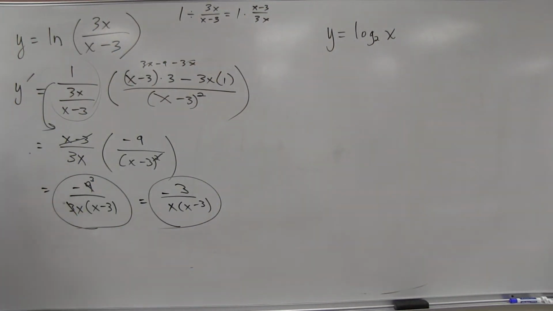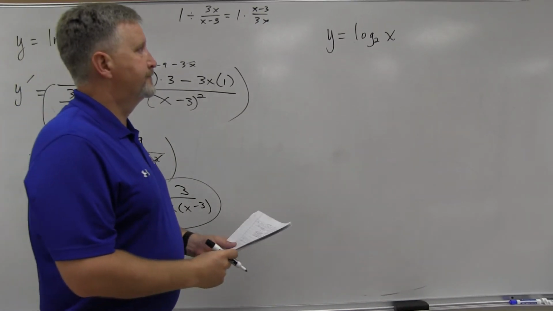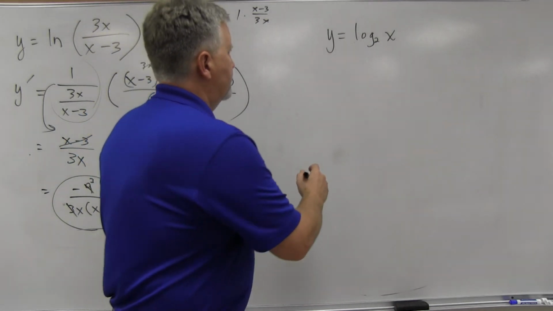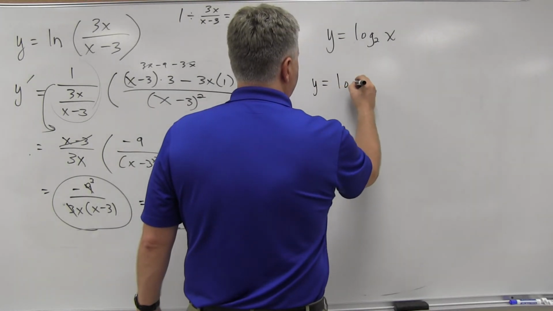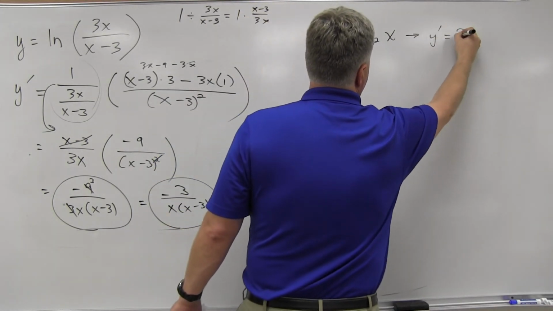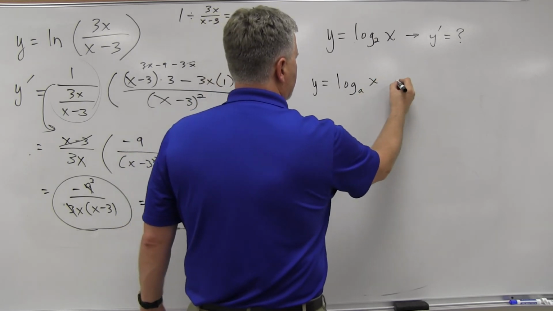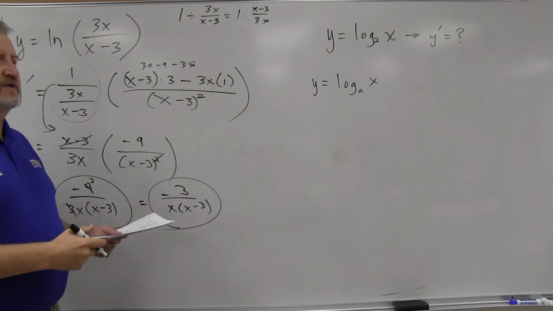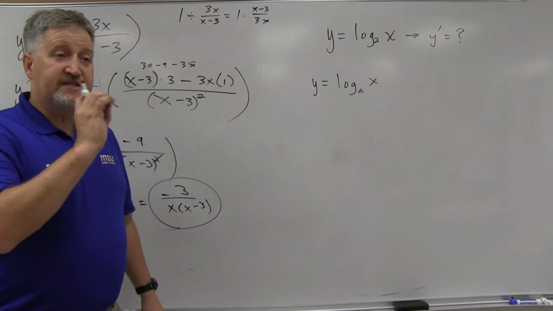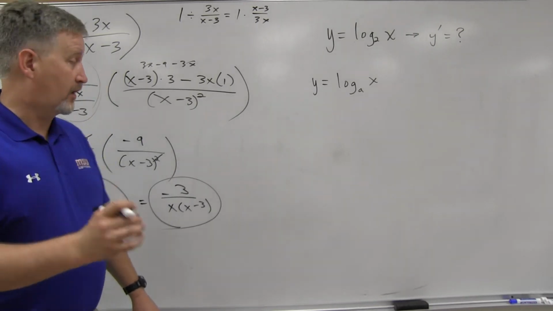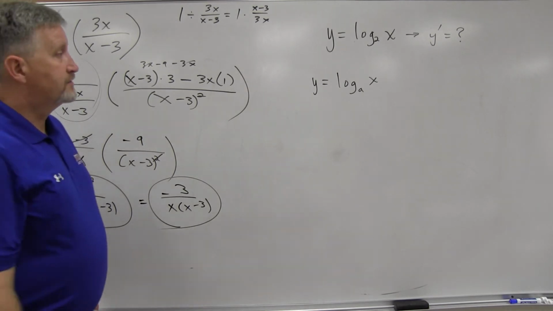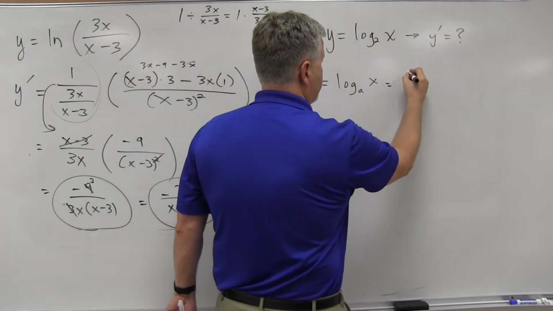Well, we don't know what that derivative is right now, but let me do it this way. Let's just say we do one in general. This is a little mini proof here. By the change of base theorem, I can change that over to natural logarithm because I know about the natural logarithm derivative, right?